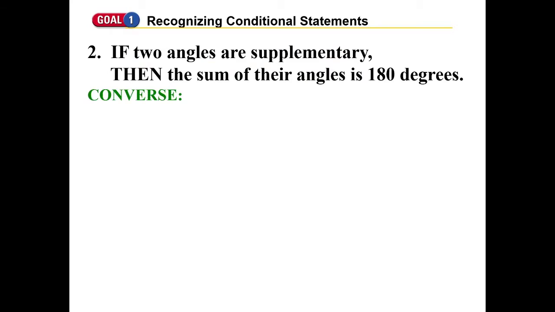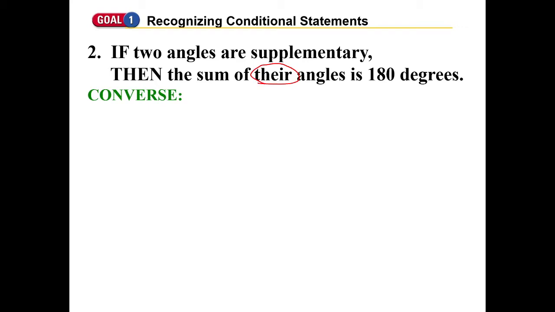If two angles are supplementary, then the sum of their angles is 180 degrees. This time, interchange everything. We will change that there. You think of a converse now. Go. If the sum of two angles is 180 degrees, then they are supplementary. Very good.